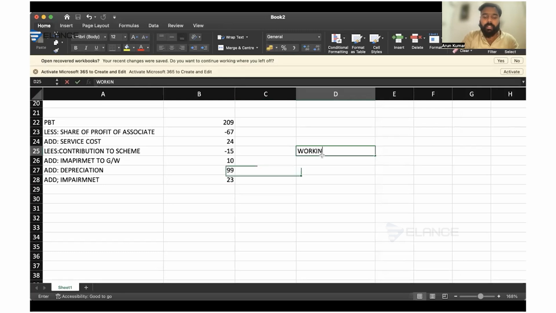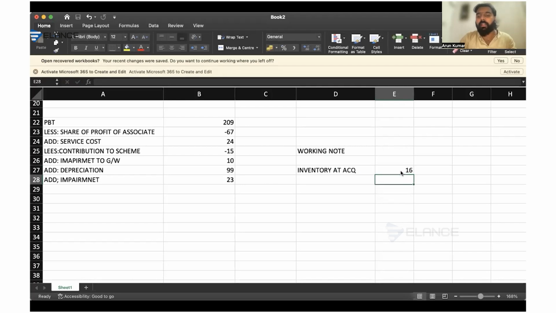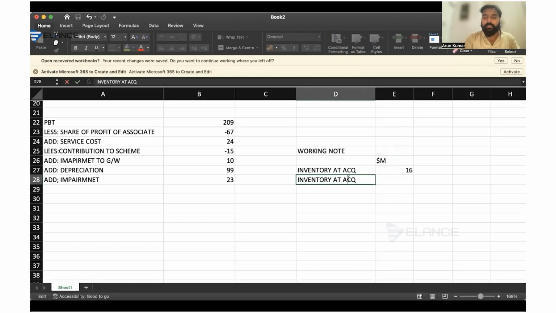So under the working note, I am mentioning it here. Inventory at acquisition was 80, divided by 5, so 16 million is the inventory value. And inventory at reporting: what's the inventory balance left at reporting?